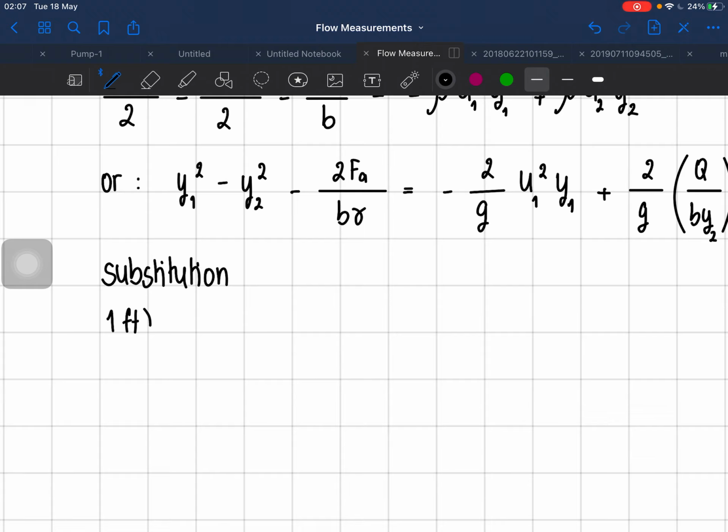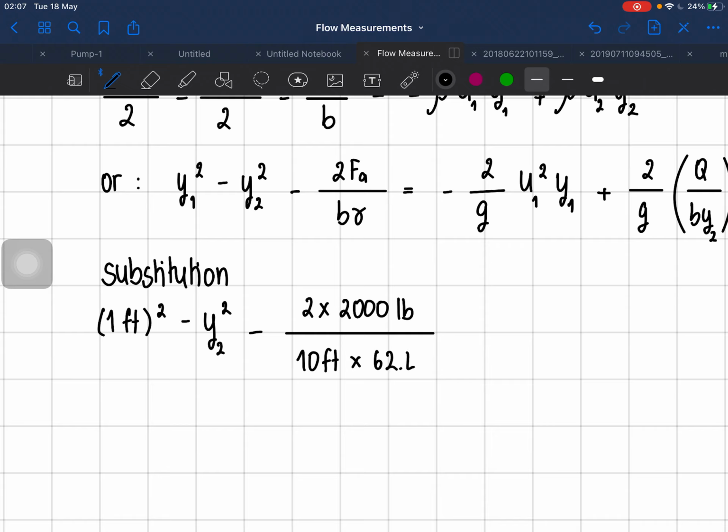Let's put in all the units that are given, to avoid further confusion. We don't know y2, so let's just leave y2 here. We need minus 2 times 2,000 pounds over 10 feet, which is the channel width, times 62.4.